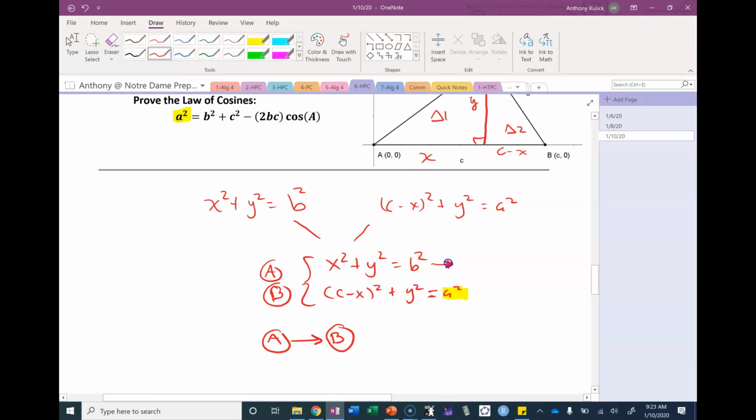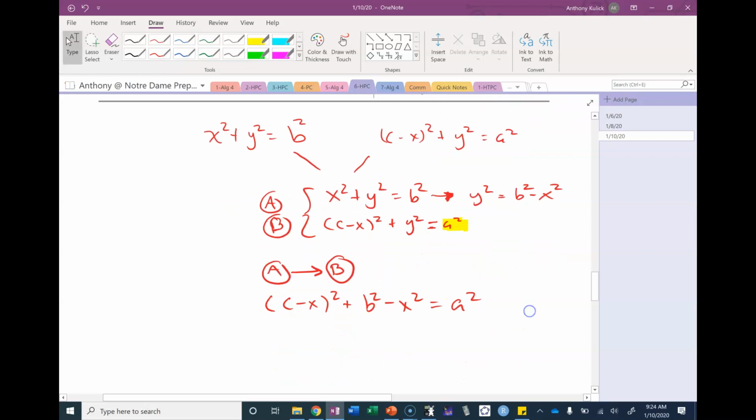So to be able to do this substitution, I'm going to rearrange equation A so that I can get the y squared by itself. And then when I make my substitution, I have that. And actually, I'm going to write the a squared over here. Is everybody okay with what we did there? Okay.